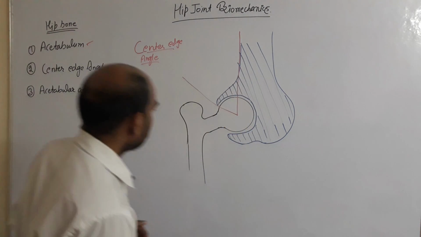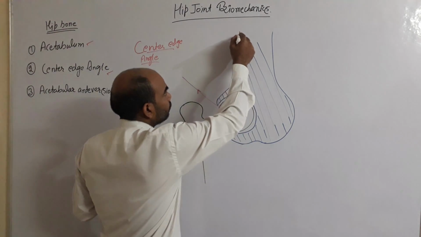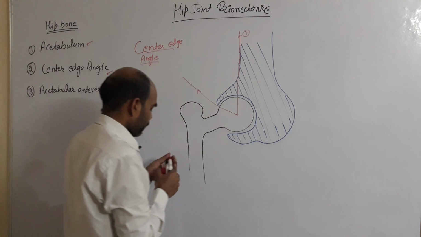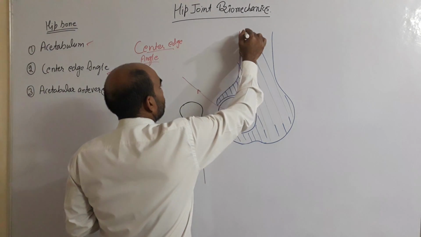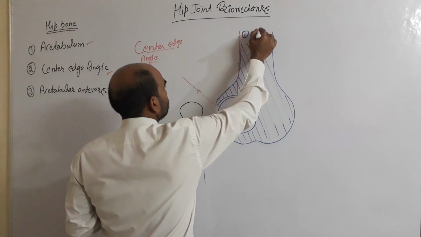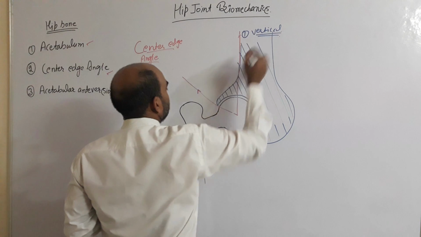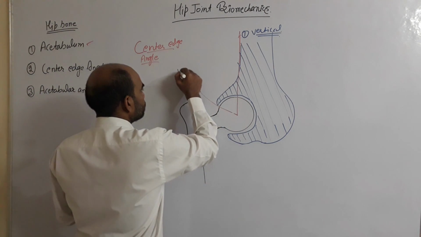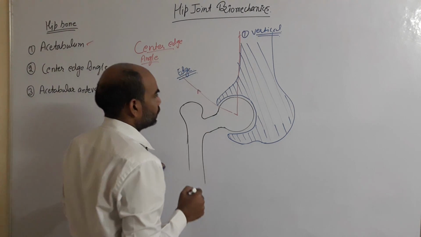So it is the angle of the acetabulum: one line is the vertical line, and the other line runs from the center to the edge of the acetabulum.